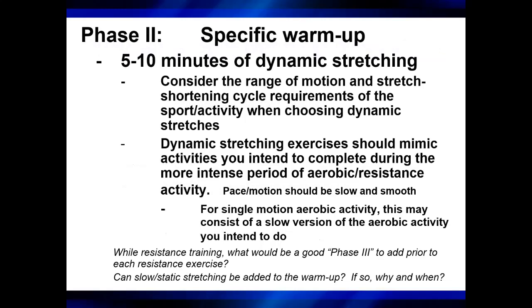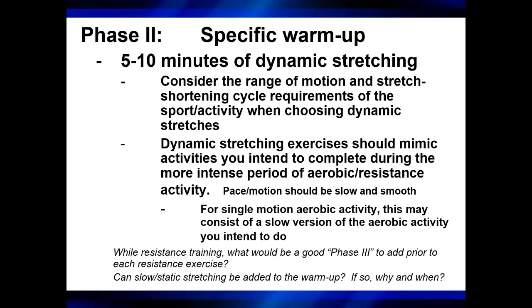All right, so with resistance training, we're mimicking those resistance training movements. So look at the motion, look at the stretch shortening cycle requirements of that sport or those activities, and then get your dynamic movements to mimic those activities so that you are targeting those ranges of motion.